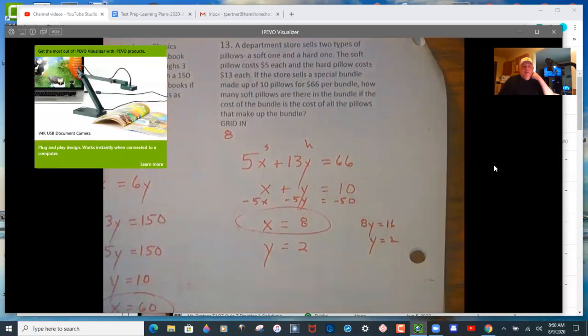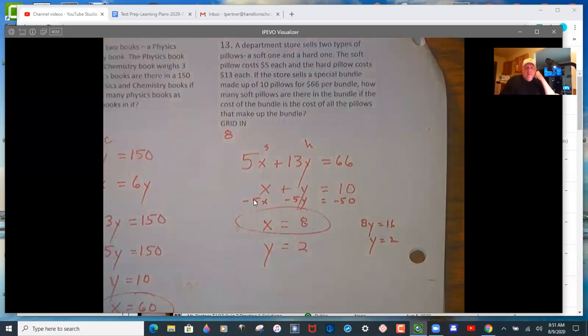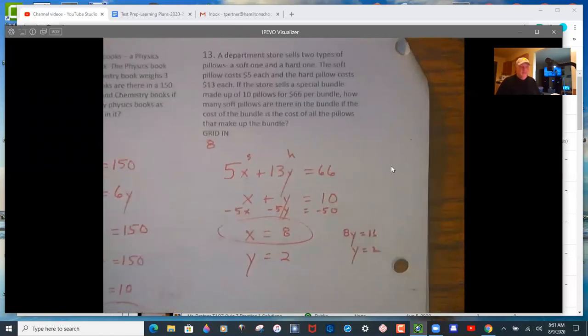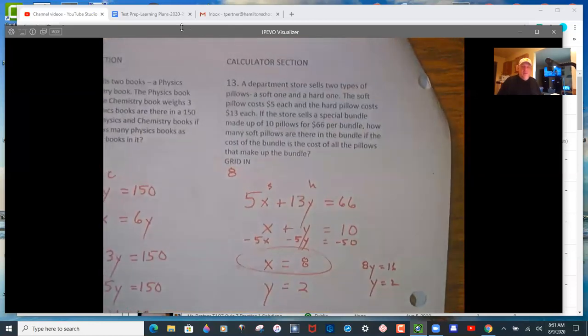I multiplied everything by negative 5 on the bottom row, added them, and you get 8y equals 16 over here. So y is 2, and then that gets replaced. X is 8, so 8, 2 is the solution. And that is assignment 2 in test prep.